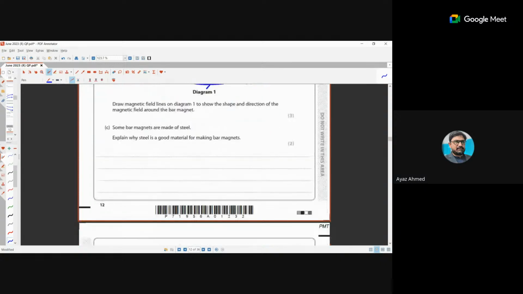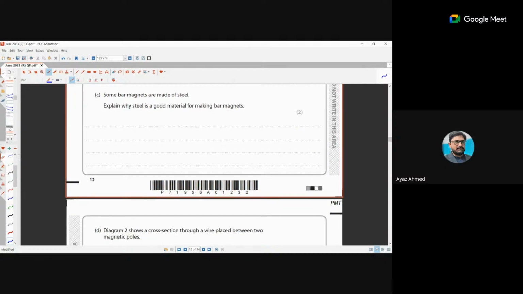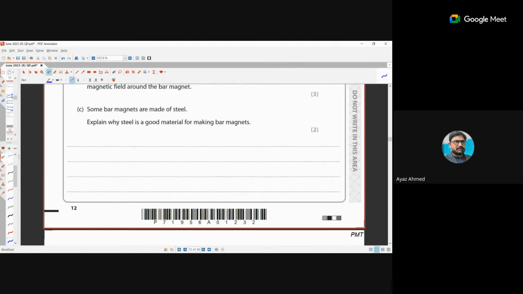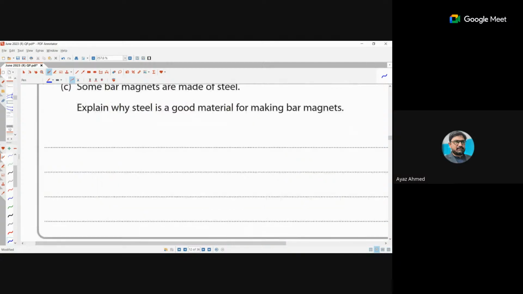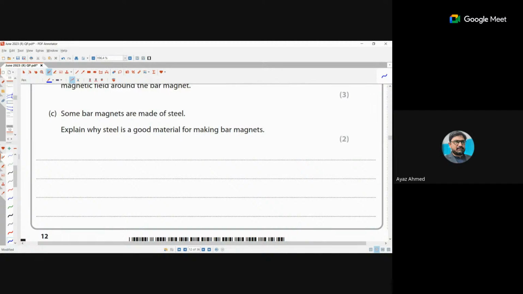Now moving onward, some bar magnets are made of steel. Explain why steel is a good material for making a permanent magnet. Steel has a tendency to keep the magnetic field, or the magnetic properties, for a long time. So you can simply say that steel holds the magnetic properties for a long time.